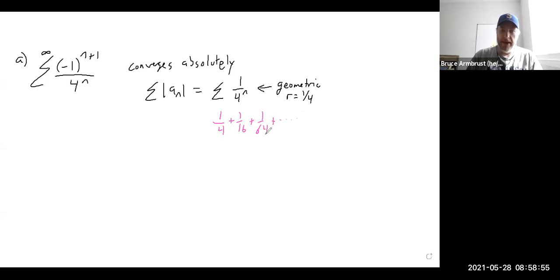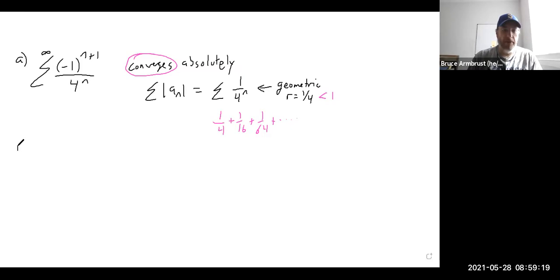Sometimes when you write that out, it's clearer to see the pattern, and you can recognize, oh, I'm multiplying by 1/4 every time. Since r is between plus and minus 1, that tells me that it converges. So since the absolute values converge, the series itself converges absolutely.